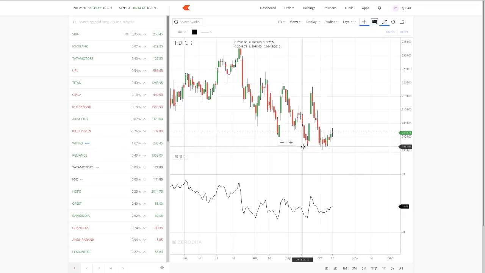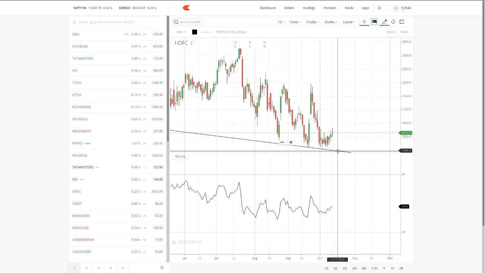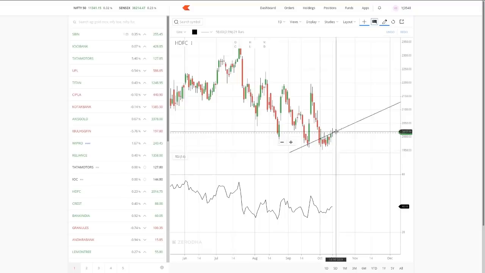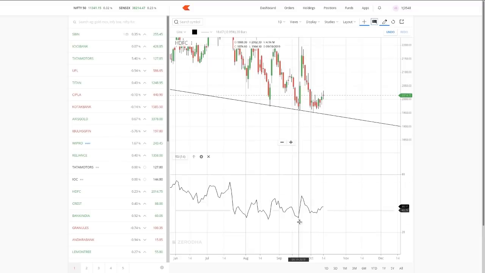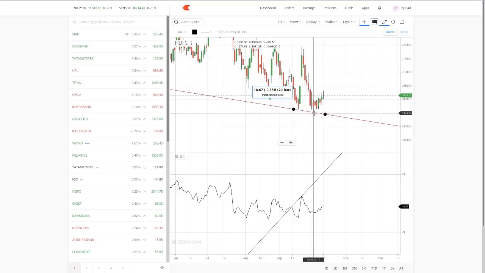The previous 10 days low and the new 10 days low is in this direction, whereas the indicator RSI is showing an indication in this direction. So this clearly shows that a bullish divergence is happening.